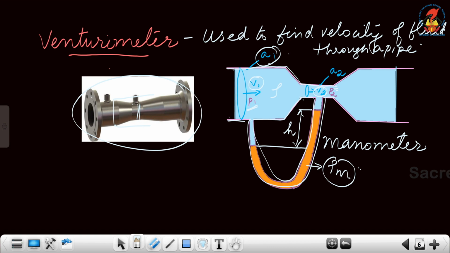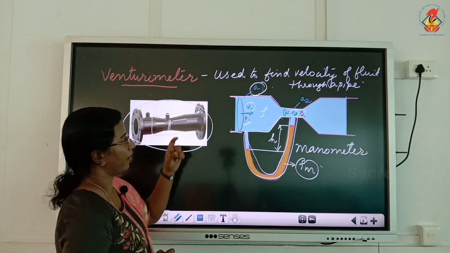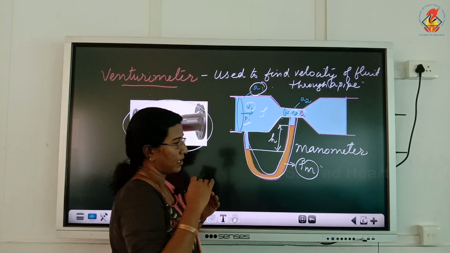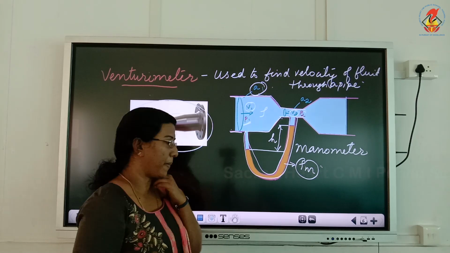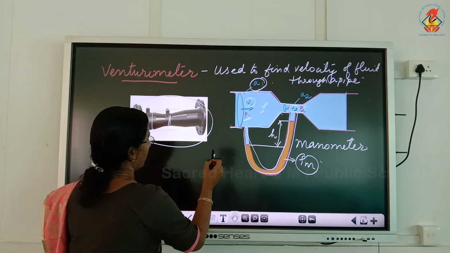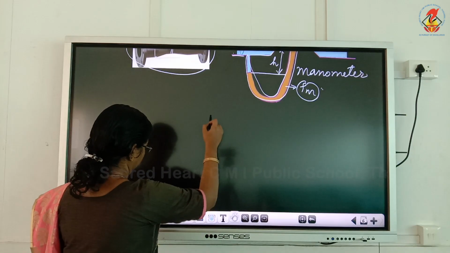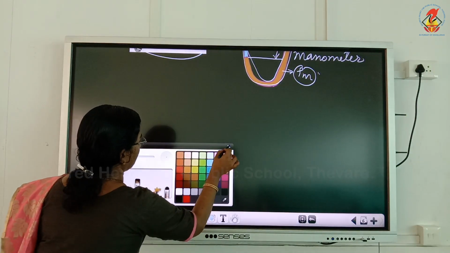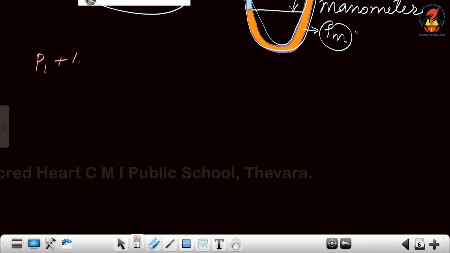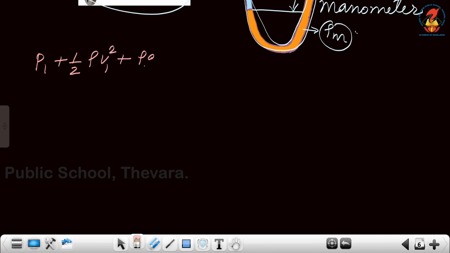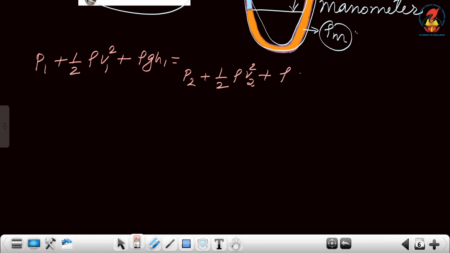Using Bernoulli's principle we are going to find out the velocity V1, that is the rate of flow of fluid through the pipe. For this we are going to use Bernoulli's equation. What was Bernoulli's equation? It is P1 plus half rho V1 square plus rho g H1 is equal to P2 plus half rho V2 square plus rho g H2.